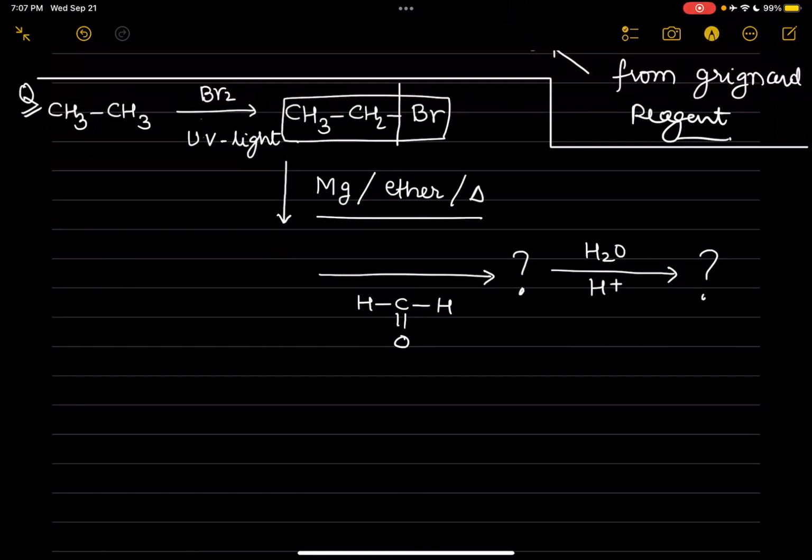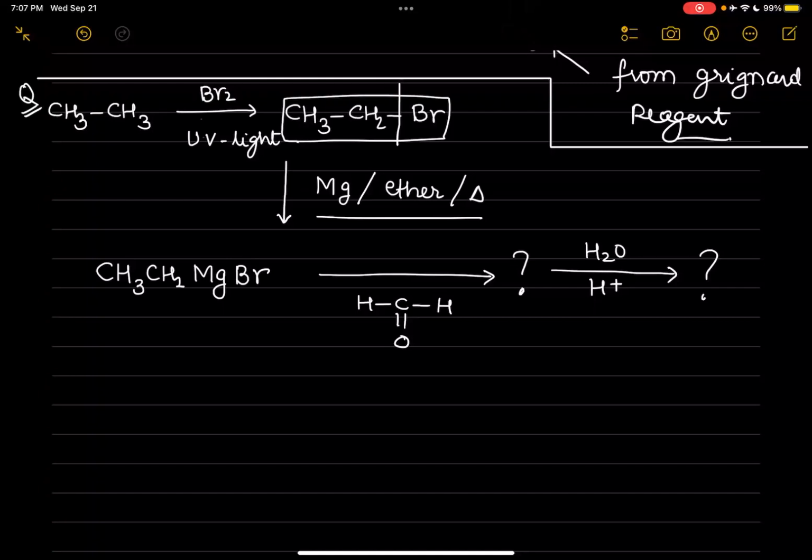So what should I write here, Abdullah? CH3CH2MgBr, right? Yes. So this is a Grignard reagent.